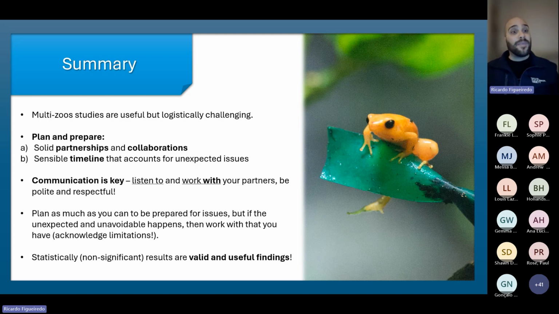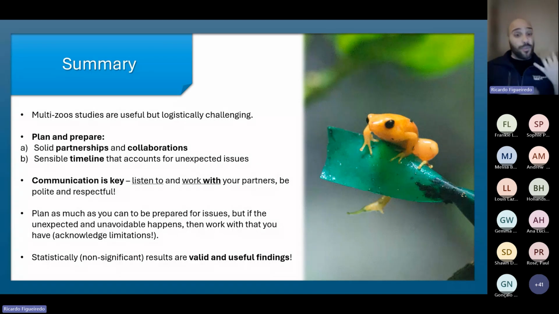You can develop a sensible timeline that accounts for unexpected issues, and again, a timeline that all your partners are on board with. Communication is key. Remember to listen to and work with your partners, work with the zoo staff, be polite, be respectful, even when you're frustrated, even when you're stressed.